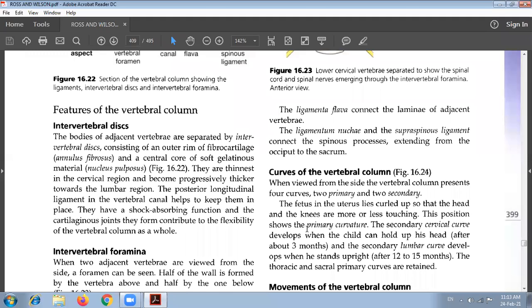This position shows the primary curvature. The secondary cervical curve develops when the child can hold up his head after about 3 months, and the secondary lumbar curve develops when he stands upright, at 12 to 15 months. The thoracic and sacral primary curves are retained.